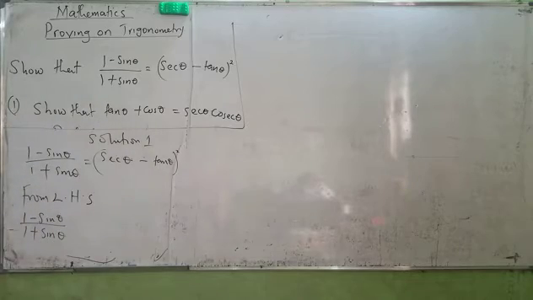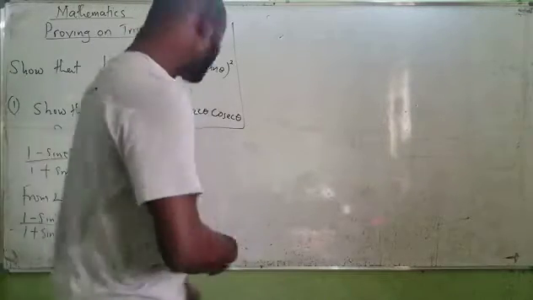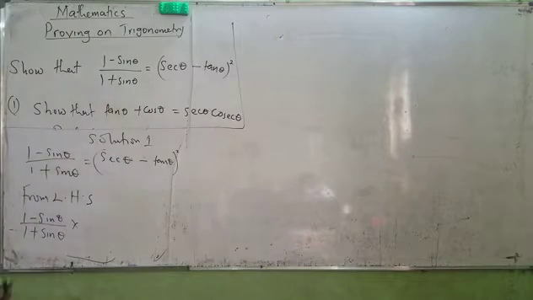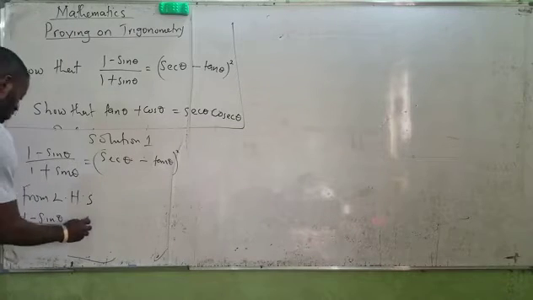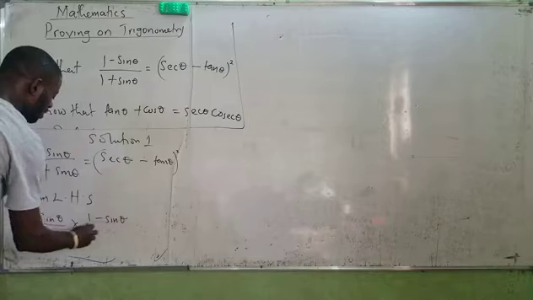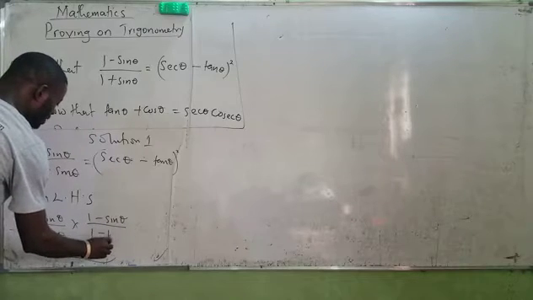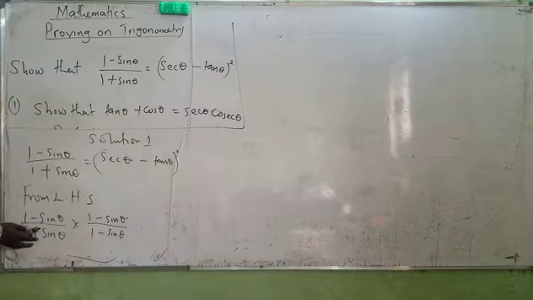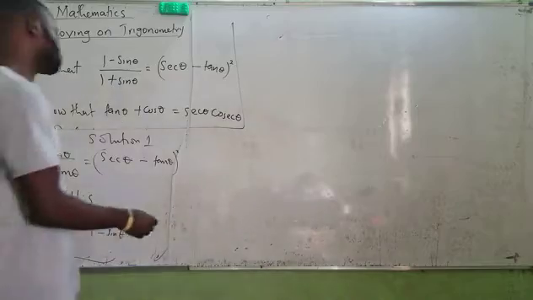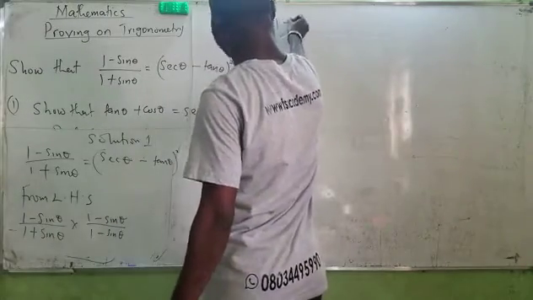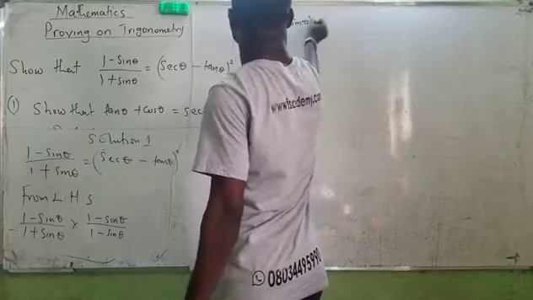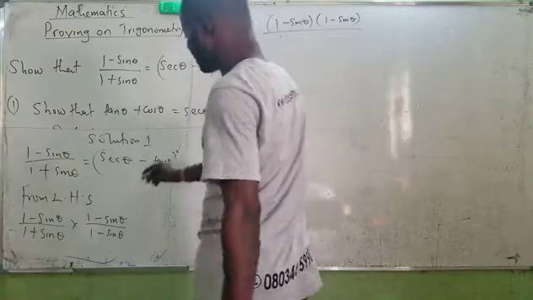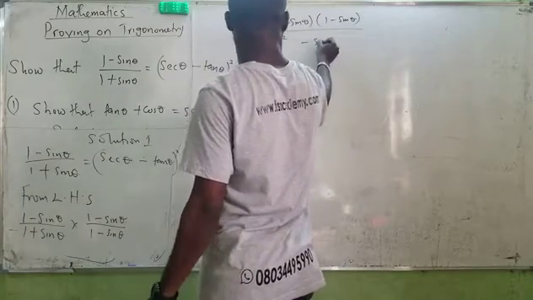Now, when I have something like this, there's nothing I can do to it except split the fraction. I will conjugate. Conjugate means conjugate and rationalize. This would be 1 minus sine theta divided by 1 minus sine theta. Now, I've conjugated this and rationalized it. At this junction, I will have 1 minus sine theta and 1 minus sine theta over 1 squared minus sine theta squared.